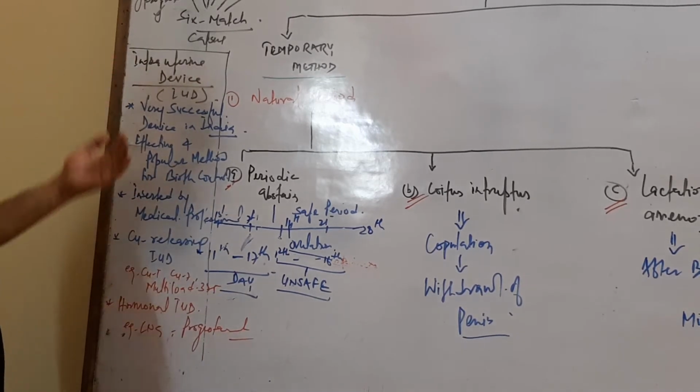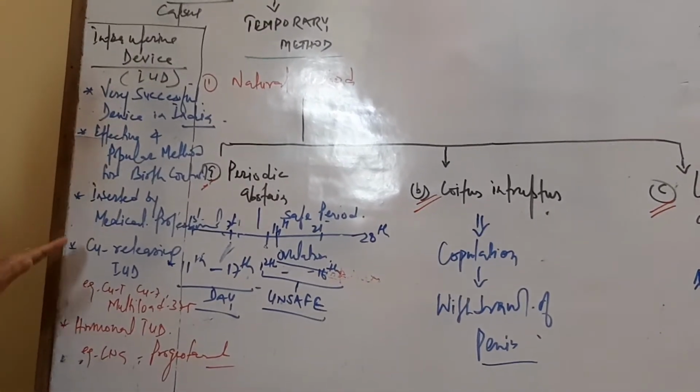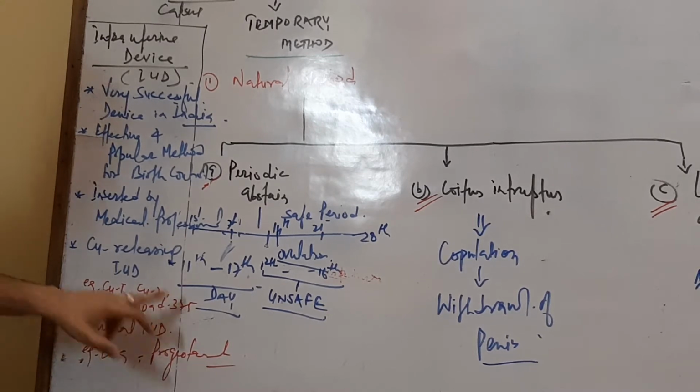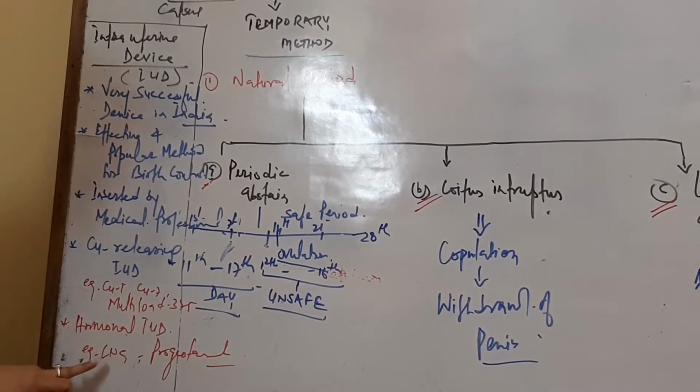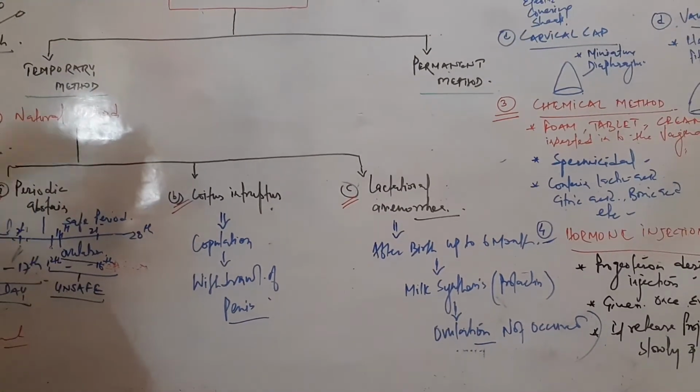These are the various types of intrauterine devices: copper T, copper 7, and multiload 375. In hormonal IUDs, LNG and progestin are used, which prevent the implantation process.